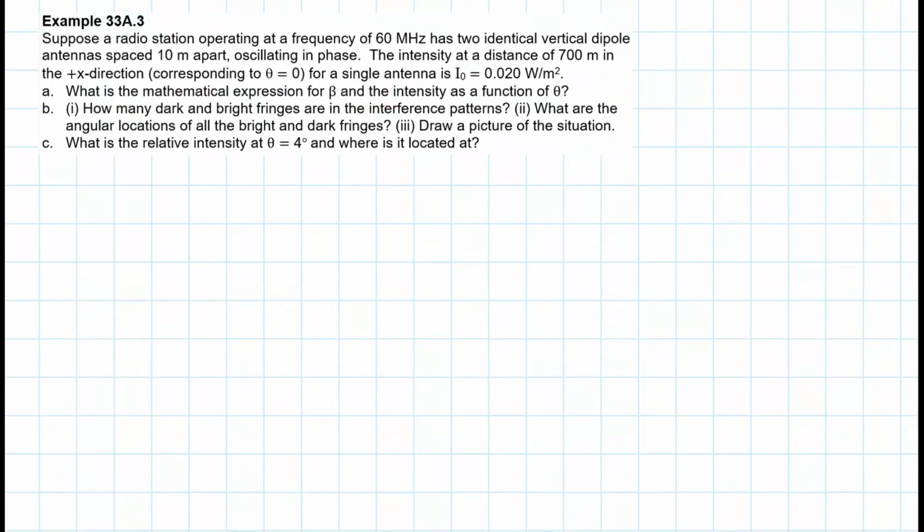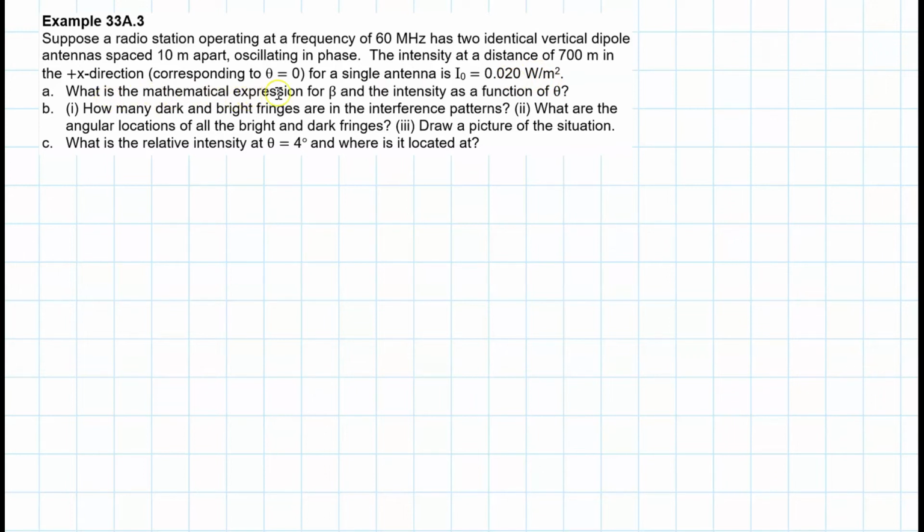Example 33A.3. Suppose a radio station operating at a frequency of 60 megahertz has two identical vertical dipole antennas spaced 10 meters apart, oscillating in phase. The intensity at a distance of 700 meters in the positive x direction for a single antenna is I0 equal to 0.02 watts per meter squared.